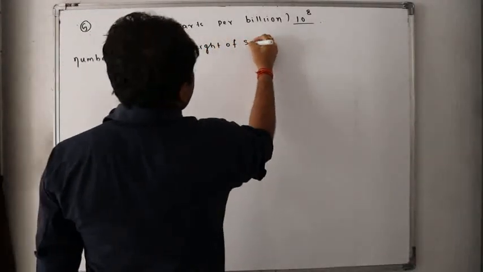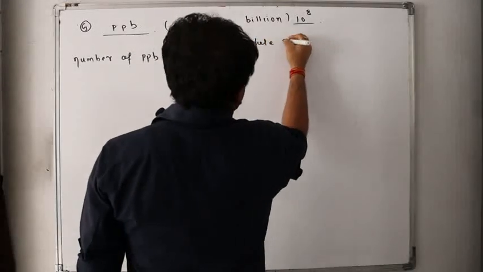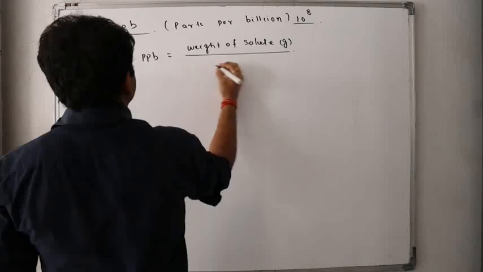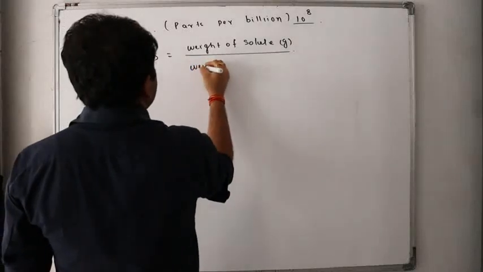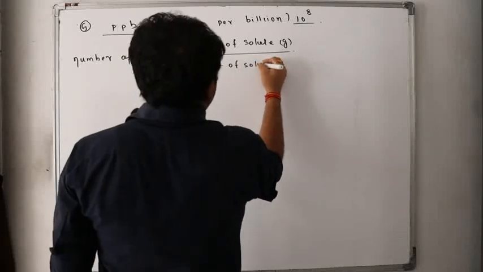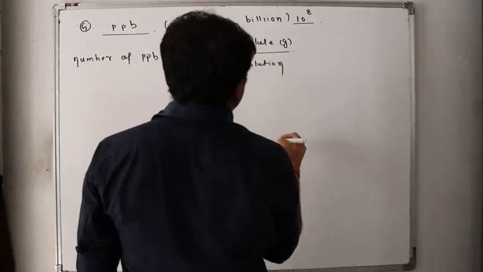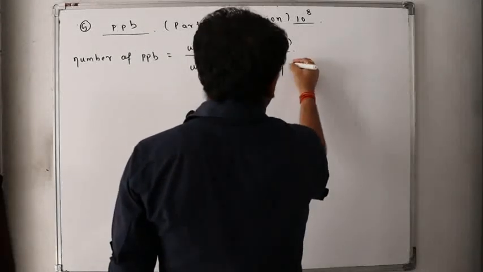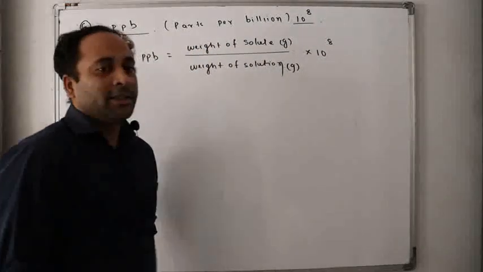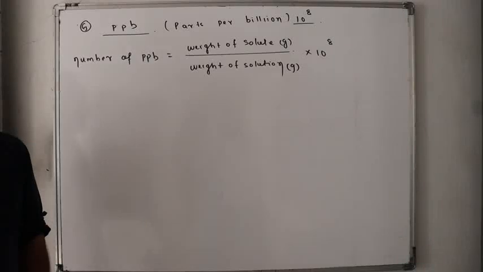weight of solute in grams by weight of solution in grams into 10 to the power 8.